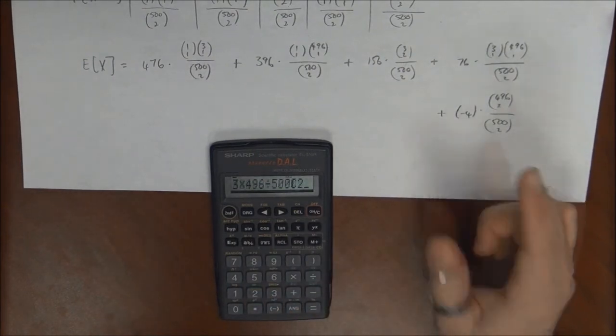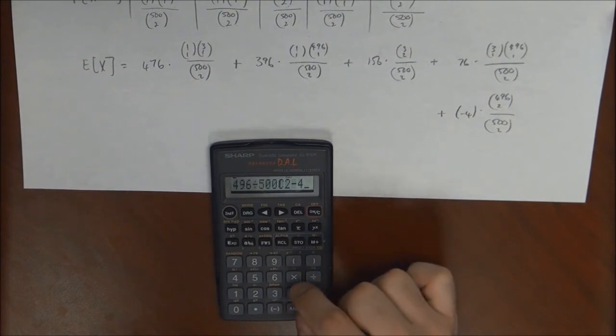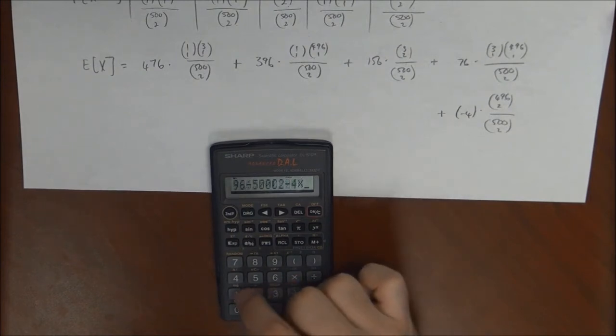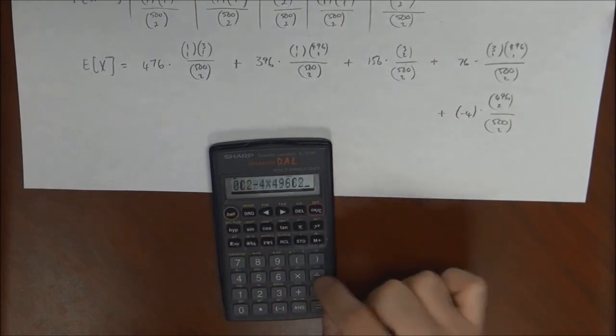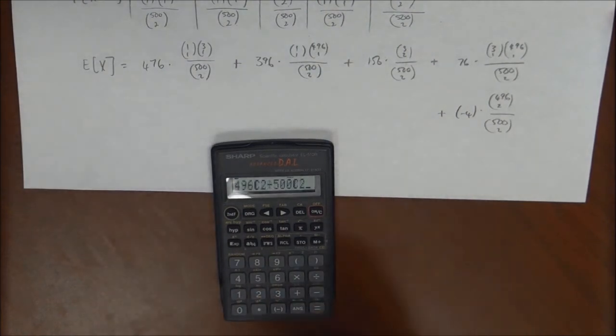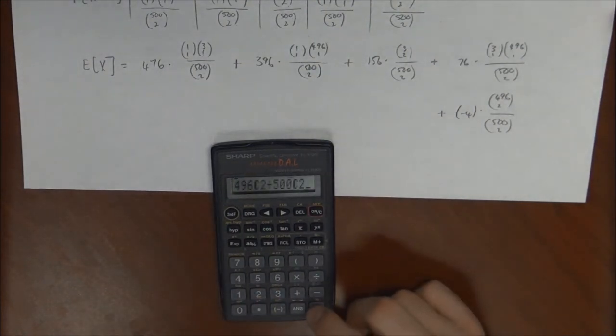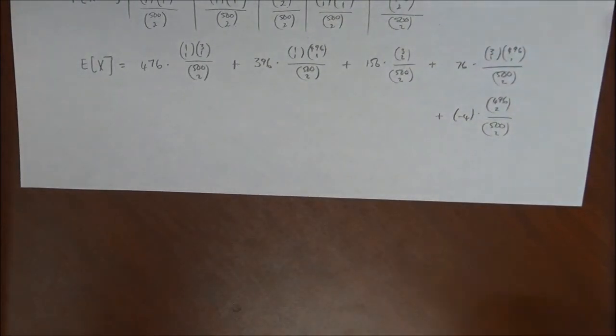And instead of plus -4, I'll just say -4 times 496 choose 2 over 500 choose 2. So it's lengthy, so I have to go slow to make sure I have it right, and I get -1.44.